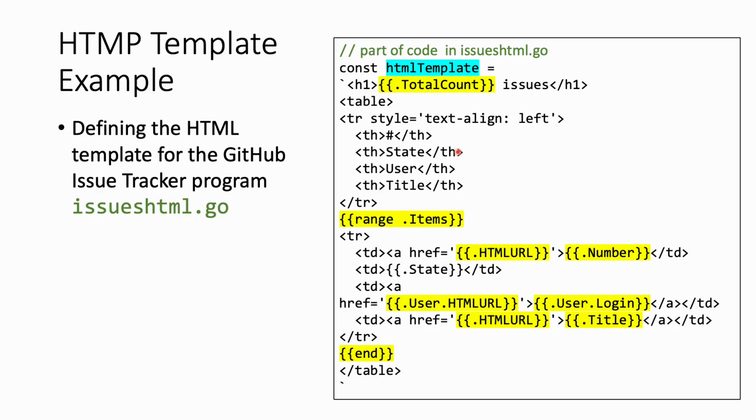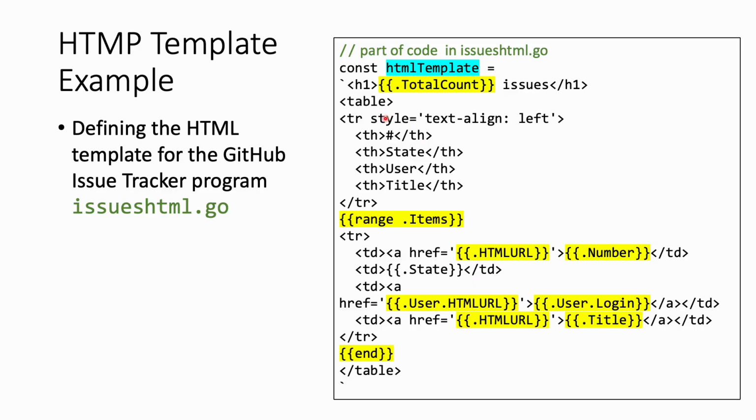In this example, it has the HTML tag h1 to format the first line of text as a heading, like the big heading. The first line of text contains the action showing the current value of the total count field. So this line of text will display the number of issues.